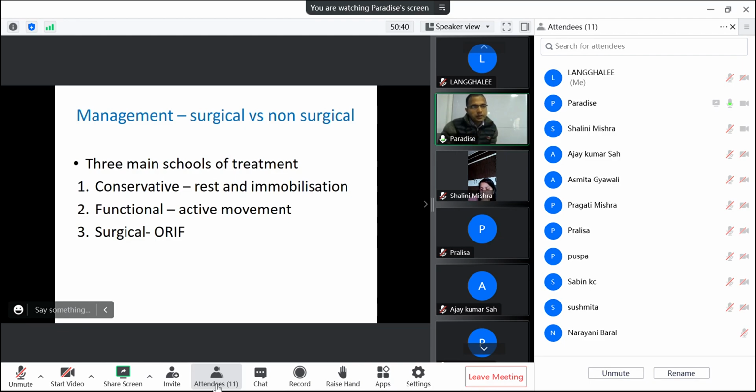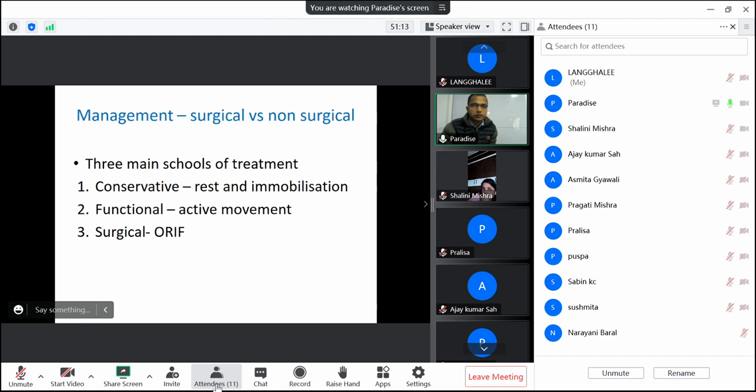So one option is non-surgical treatment. Just do IMF, intermaxillary fixation, for a few weeks, and then advise mouth opening exercises. Another is functional treatment or active movement. It is advised for pediatric patients if the patient's age is less than 12 years. In pediatric patients, surgery is not indicated, and you can't do IMF, because it is said that if you immobilize a pediatric patient, the chances of TMJ ankylosis are very high.